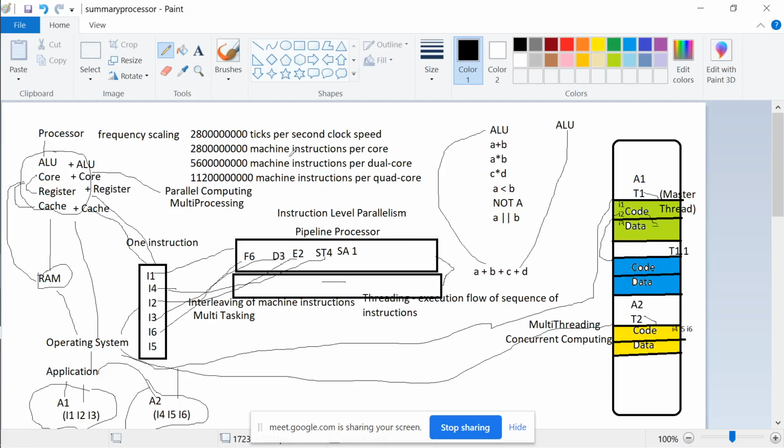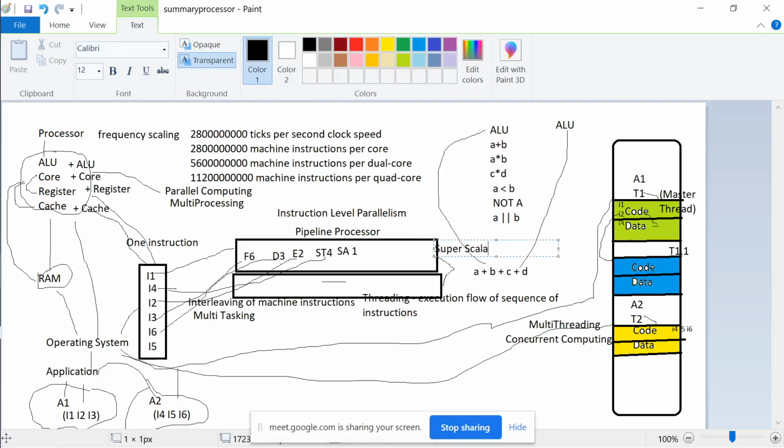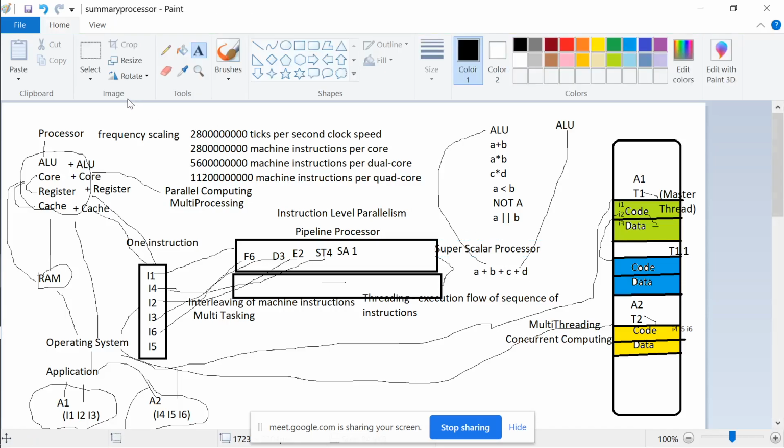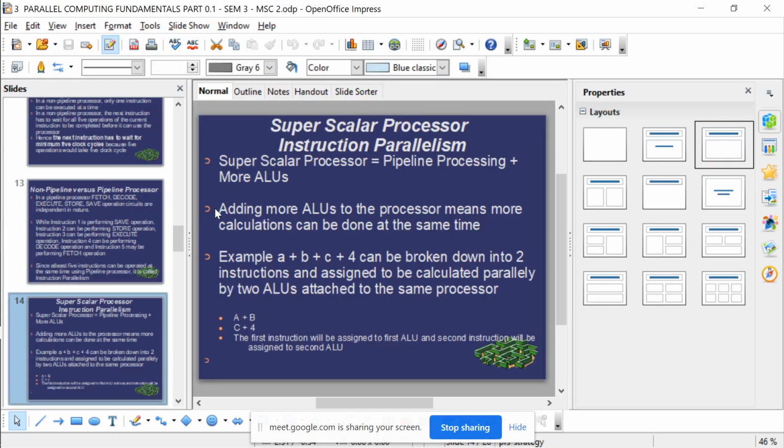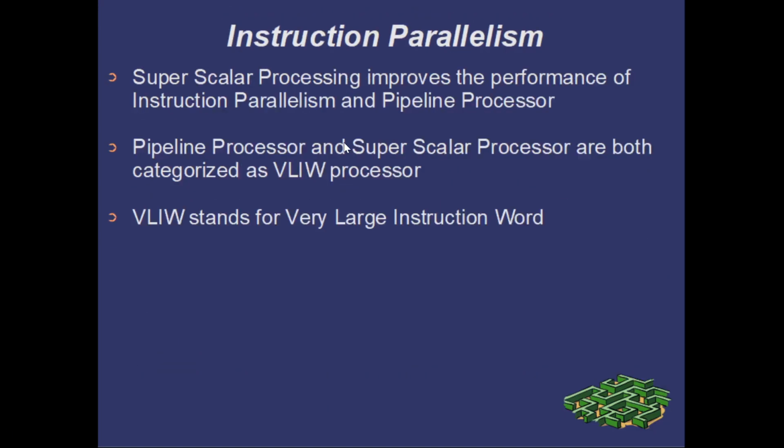So that is what is called a superscalar processor. Your pipeline processing is also called very large instruction word. If you see this word in technology, or we are talking about parallelism, then this word is also related to it.